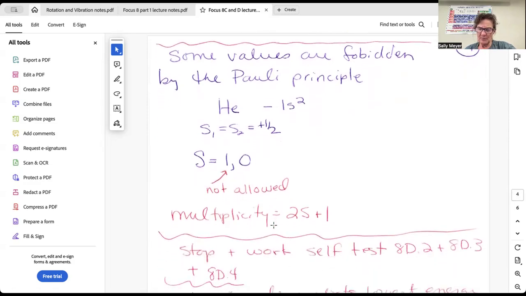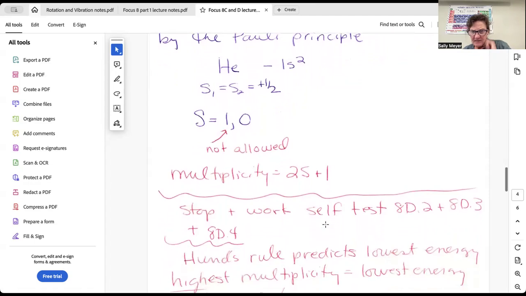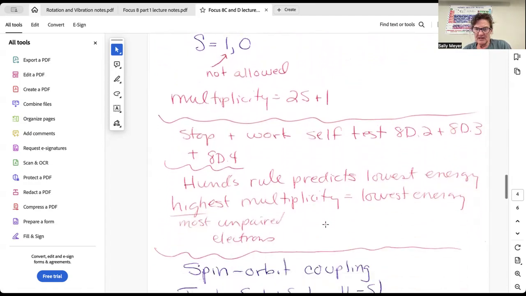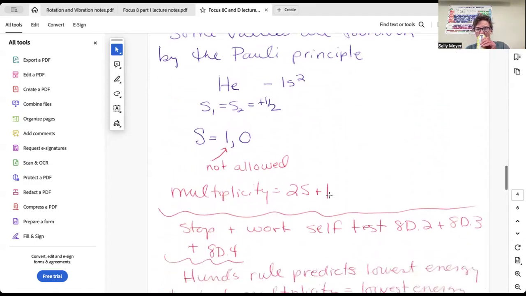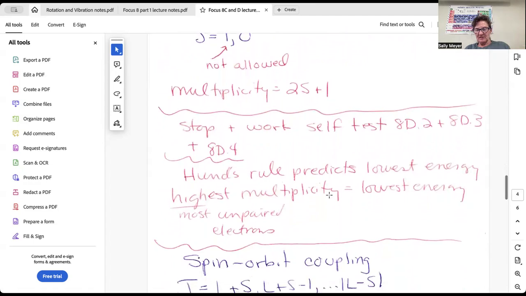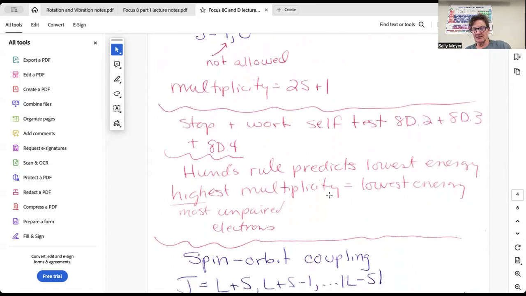We're going to represent spin in a second by something called the multiplicity, which is 2 times the spin quantum number plus 1. So stop and work 8D.2, 8D.3, and 8D.4. The other thing we can use comes from Pauli's exclusion principle: if 2 electrons are in the same orbital, they can't have the same spin quantum number. Hund's rule helps us predict the lowest energy.